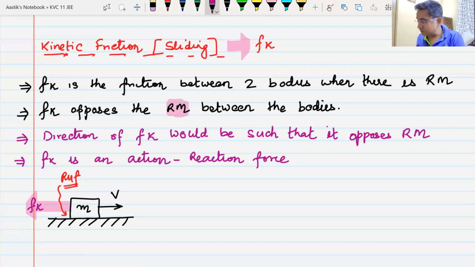But what about the frictional force on the surface, on the ground? In which direction will the frictional force act on the ground?